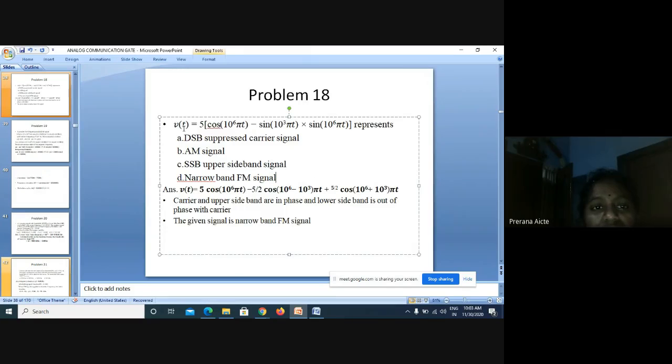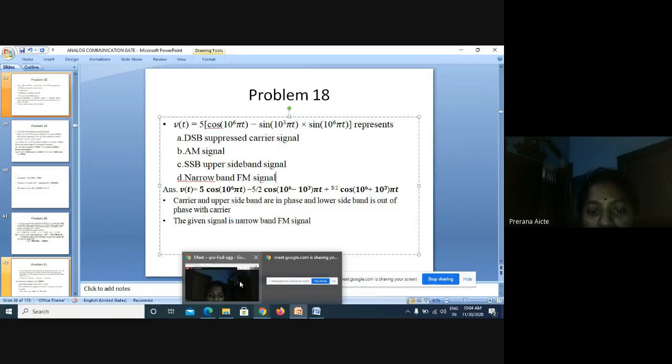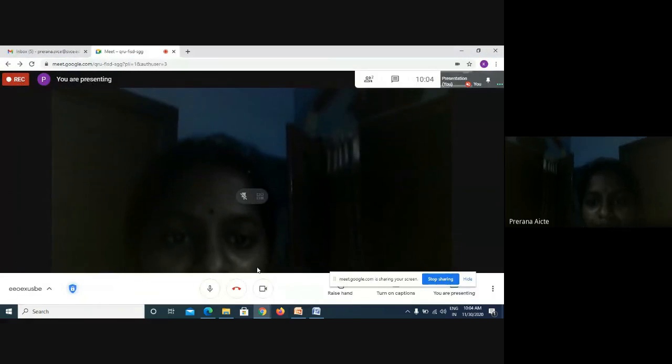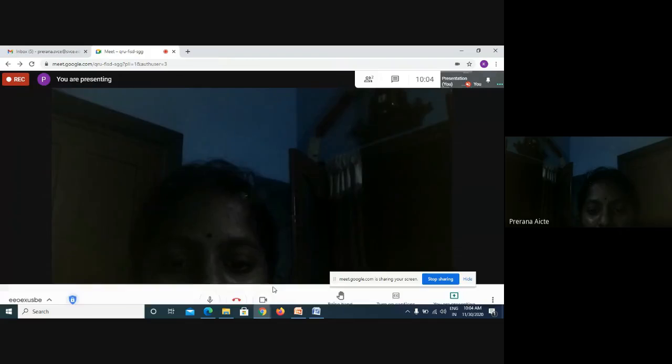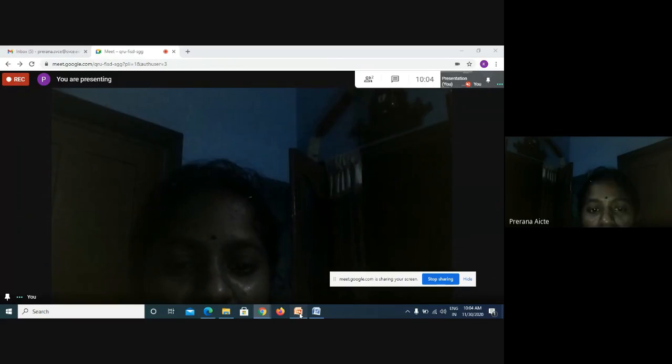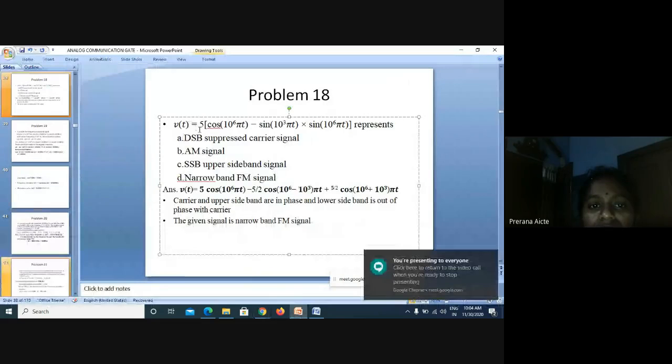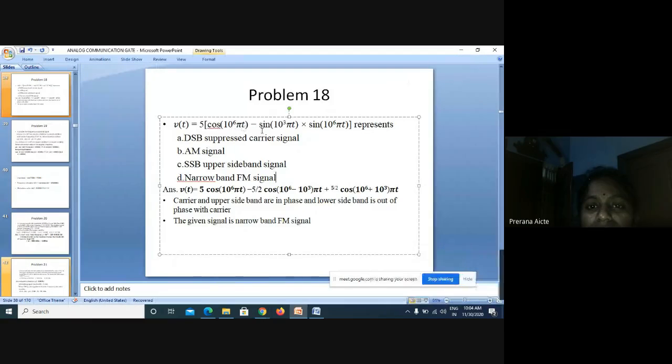So next we'll go with another example. In this question they have given one expression, V of t equal to 5 into cos of 10 power 6 pi t minus sine of 10 cube pi t into sine of 10 power 6 pi t.